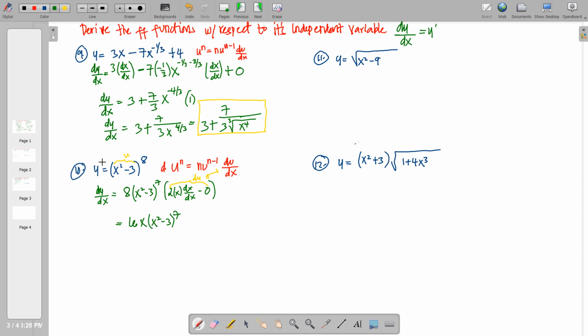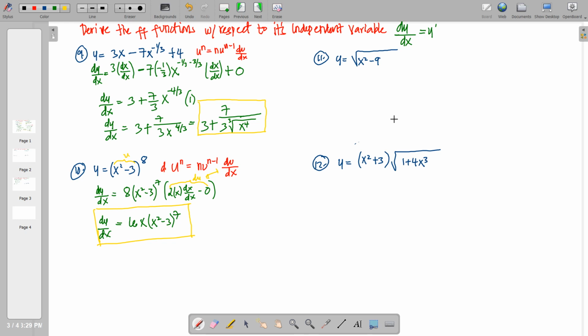So this is the answer for number 10. This is dy over dx. We have 16x times x squared minus 3 raised to 7. This is the answer for number 10.